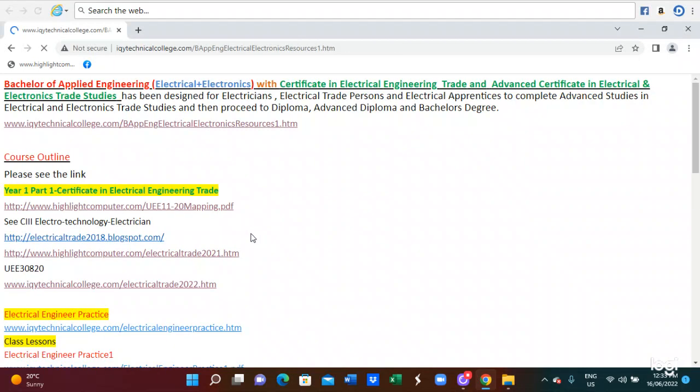Then we do the Electrical Trade 2022. In the college documents, select Electrical Trade 2022.htm. So you click on this one.